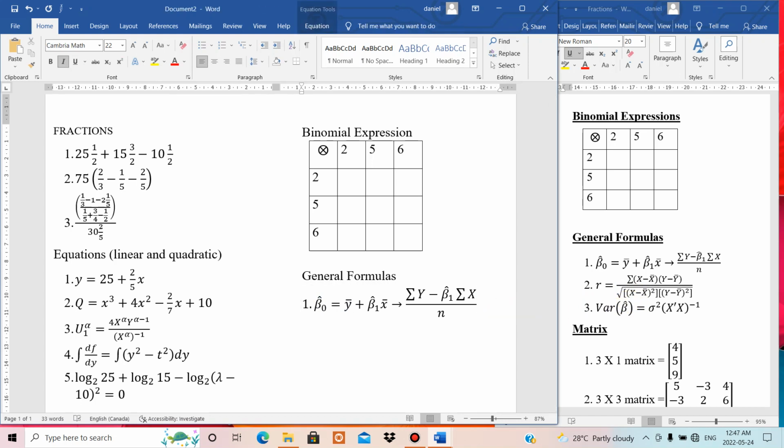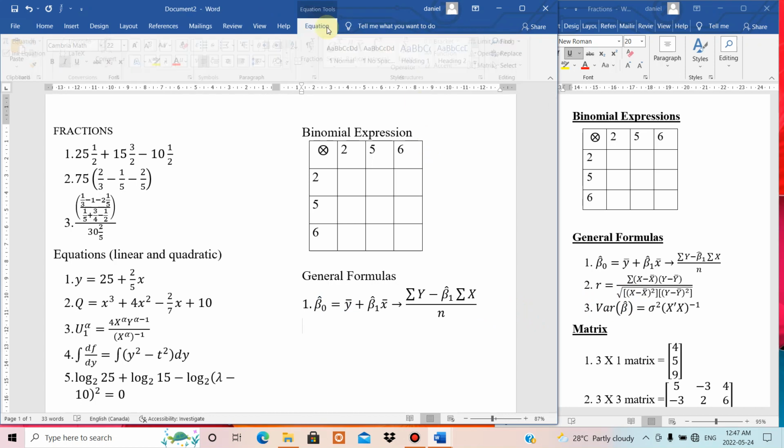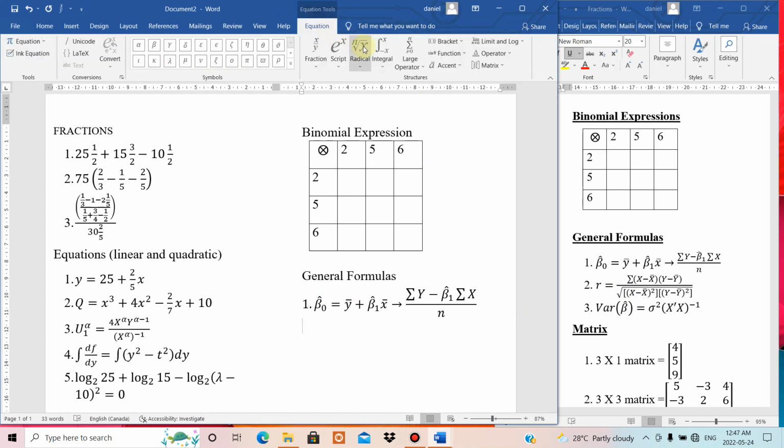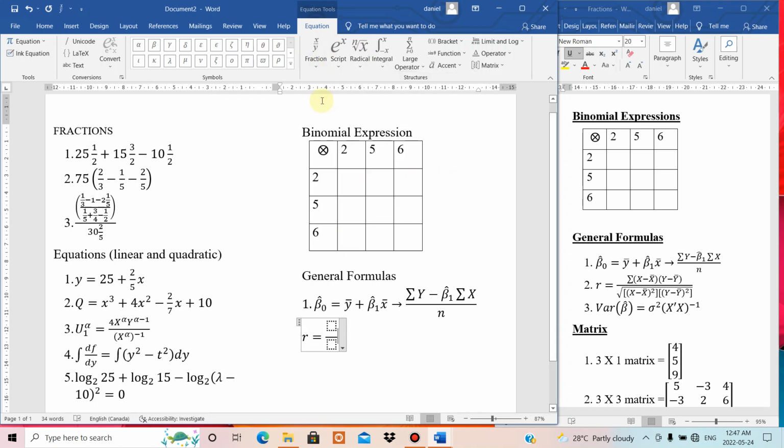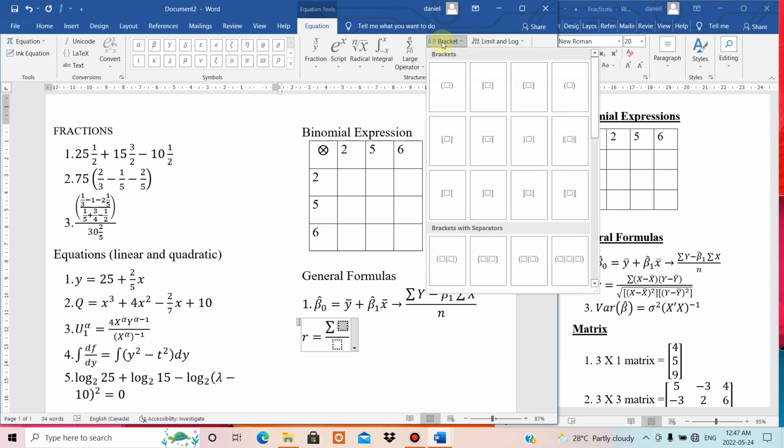So the next one is our R value. So R equal, you need your fraction. On top of the fraction, we have summation. The first has a bracket.